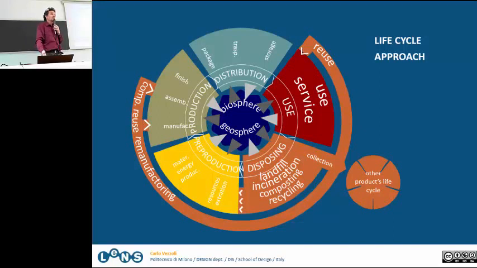This has to be remanufactured. It has to go back to the factory because some components need to be refabricated, or some parts need to be substituted, and so on. And before that, there is always a collection. And this collection actually could end up in the same life cycle.